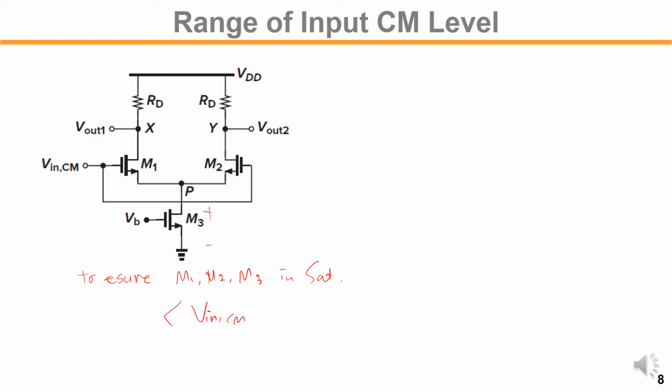If you bring this common mode down, then Vp will go down. So that will push the VDS of M3 lower. So there should be a certain voltage limit for M3 in saturation. VDS must be greater than VDS,sat, meaning the overdrive voltage of M3.